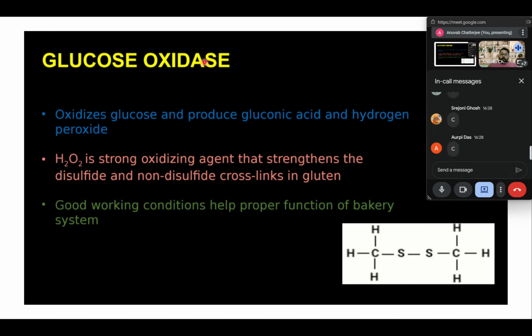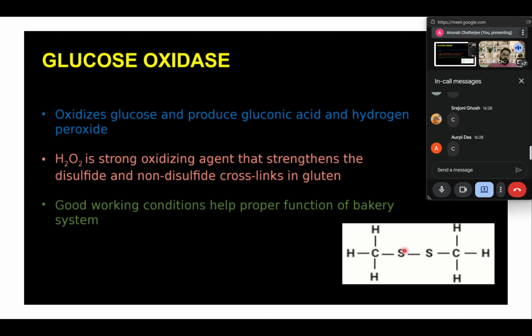During production of bread in the bakery industry, we use an enzyme known as glucose oxidase. So, what does it do? It oxidizes glucose and produces gluconic acid and hydrogen peroxide. But the useful thing that gets made out of it is hydrogen peroxide, as it is a strong oxidizing agent and strengthens the disulfide bonds and non-disulfide cross-links in gluten.